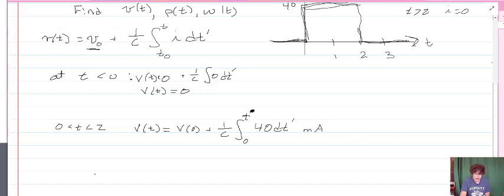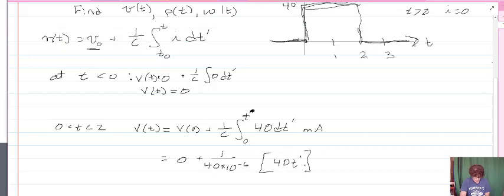And so this was 0. The capacitance was 40 microfarads. So that's 1 over 40 times 10 to the negative 6. And the integral of 40 is 40 t prime, using the t prime just to distinguish it from the t as a separate variable.